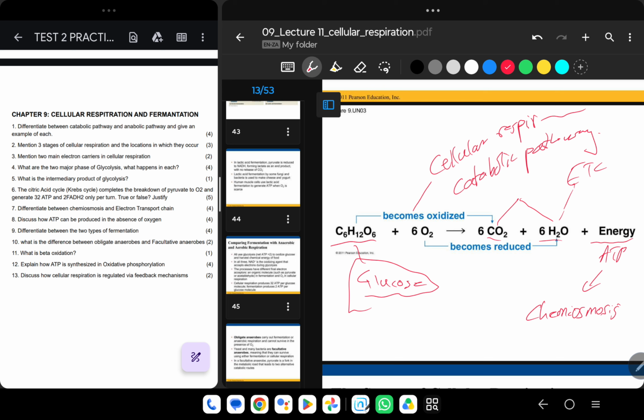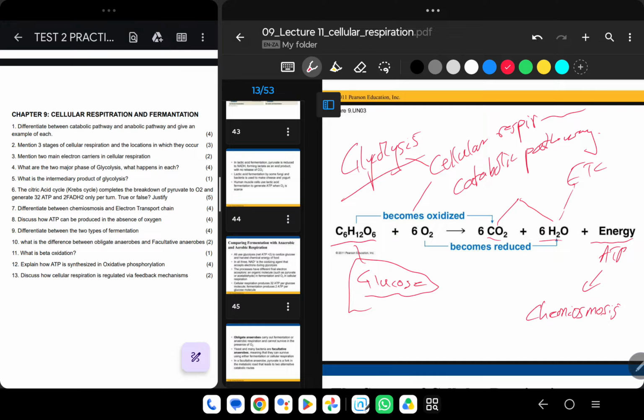An example of a catabolic pathway, like I said, is cellular respiration, and to be specific, glycolysis.